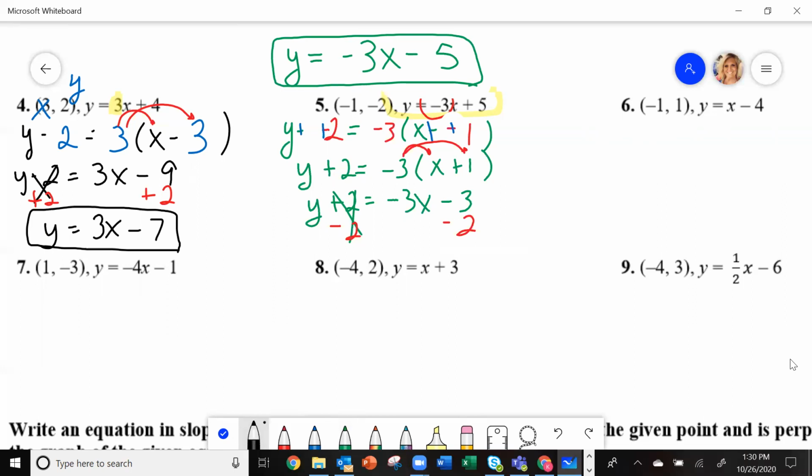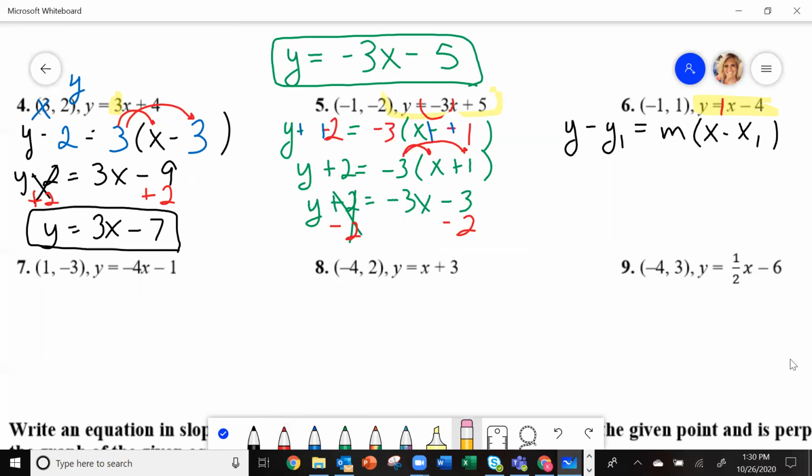The next one, y minus y1 equals m times x minus x1. Okay, it is in slope-intercept form. The slope is the number in front of x. If there's not a number, that's a 1.